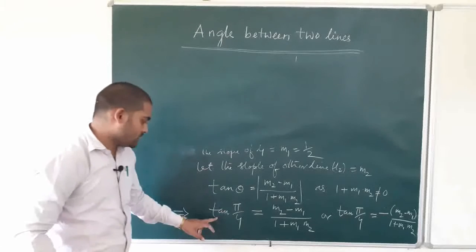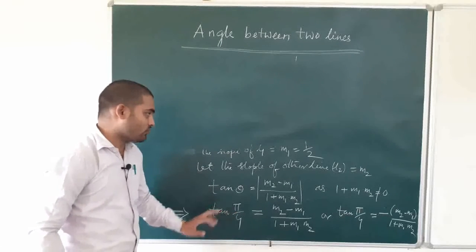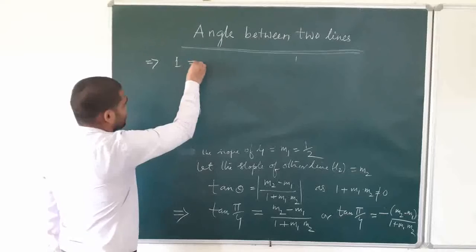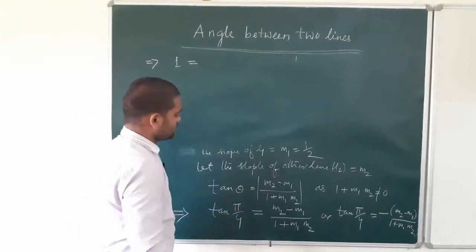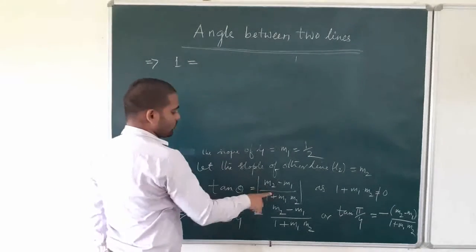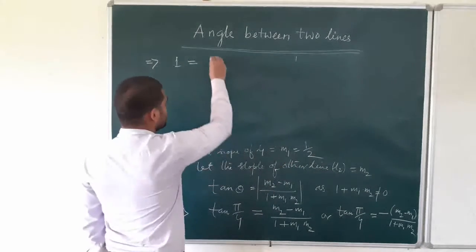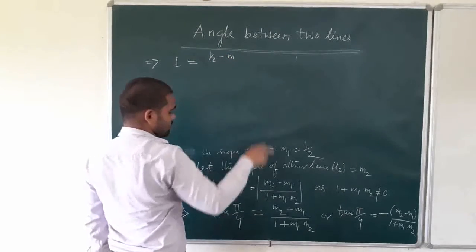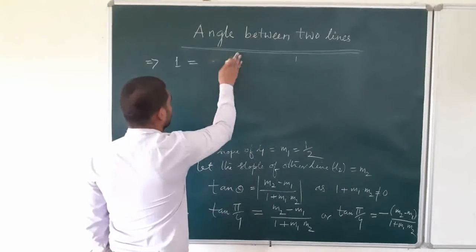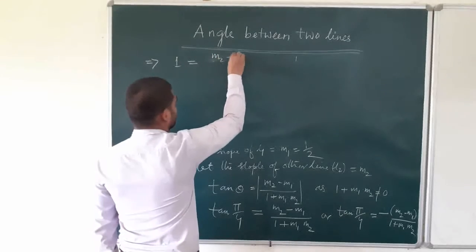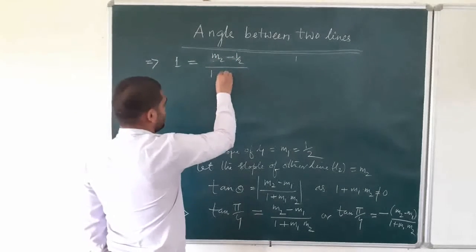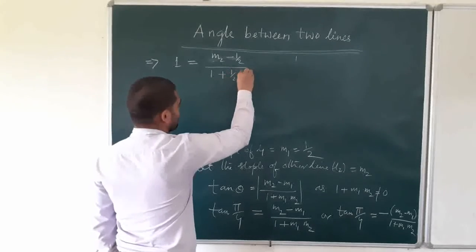So here you know tan pi by 4 is equal to 1. In this you write m1, given as 1 by 2. Then 1 plus 1 by 2 m2.